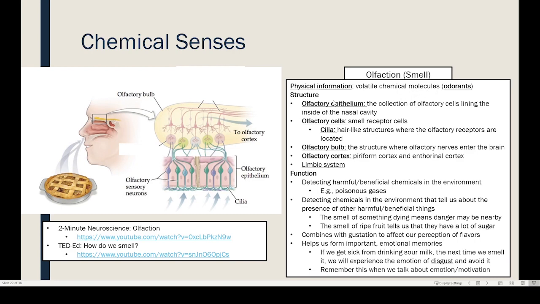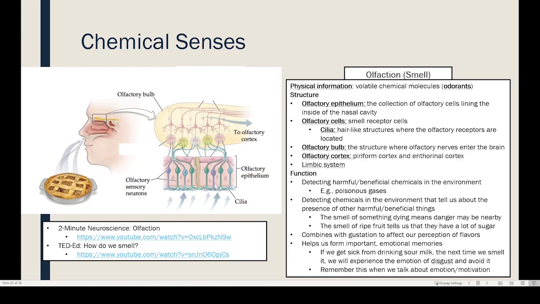So the important structures here are the olfactory epithelium, which is the collection of olfactory cells that line the inside of the nasal cavity. So nasal cavity over here, and the whole area in this nasal cavity is lined in cells that have olfactory receptor cells. Together, all of those cells are called the olfactory epithelium.